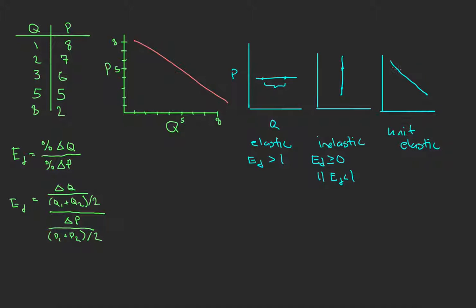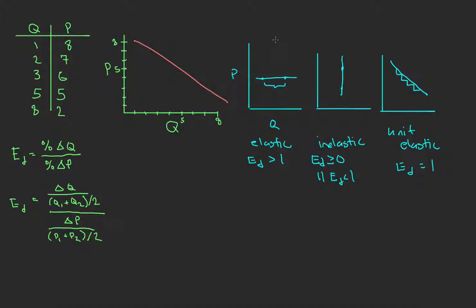And that's where, for every change in price, we have an equal change in quantity. And this is where ED is equal to 1. Looks somewhat like this graph, but as we can see, I didn't draw it to scale in this case. But these are basically the 3 main graphs for price elasticity of demand.